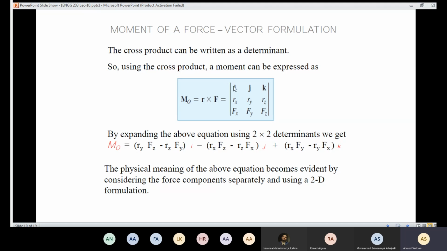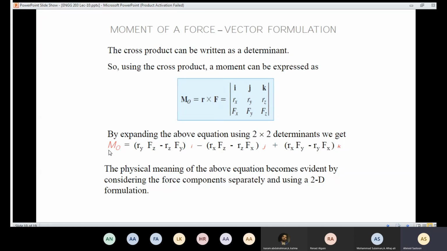Since we know Rx, Ry, Rz, Fx, Fy, Fz, if we get the determinant of that matrix here, we are going to get the moment vector.